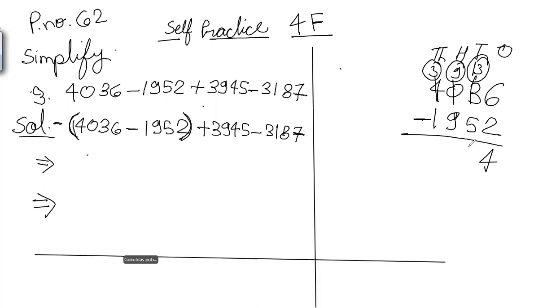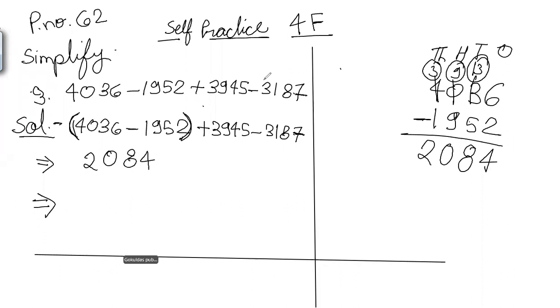Solve it. 13 minus 5. 8 is left. Now solve hundreds column. 9 minus 9 is 0. And then thousands column. 3 minus 1 is 2. So when we solve this bracket, we got 2084.